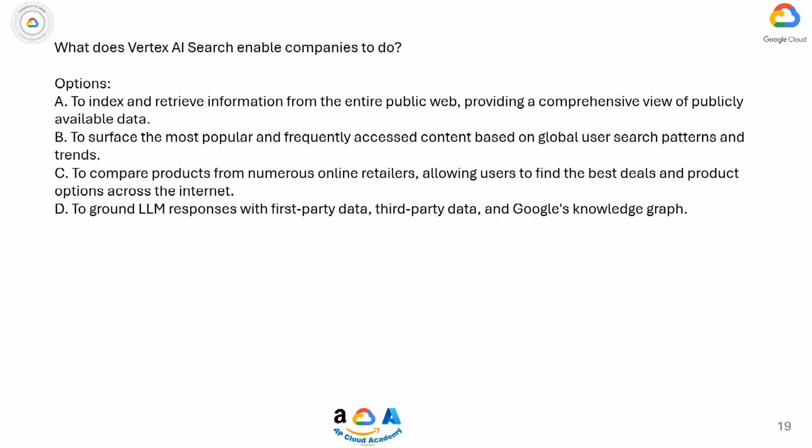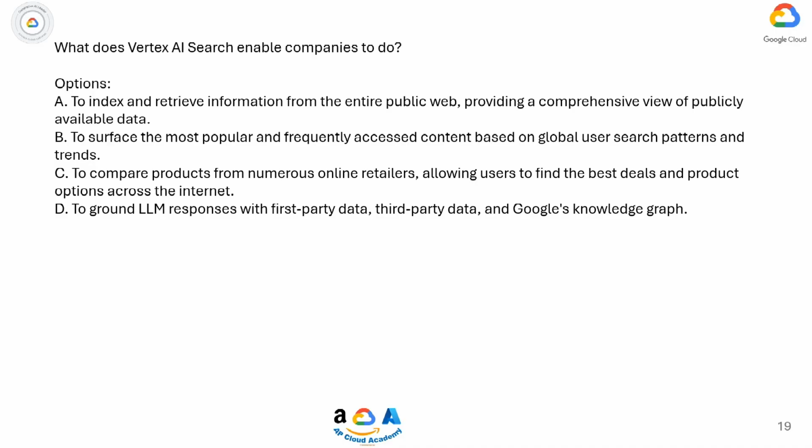What does Vertex AI Search enable companies to do? Options. A. To index and retrieve information from the entire public web, providing a comprehensive view of publicly available data. B. To surface the most popular and frequently accessed content based on global user search patterns and trends.